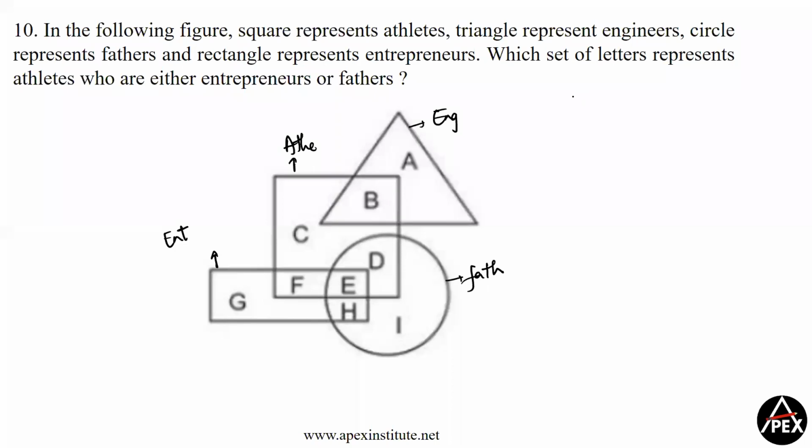Now, which set of letters represents athletes and entrepreneurs? What is the common region here between athletes and entrepreneurs? F. Okay.